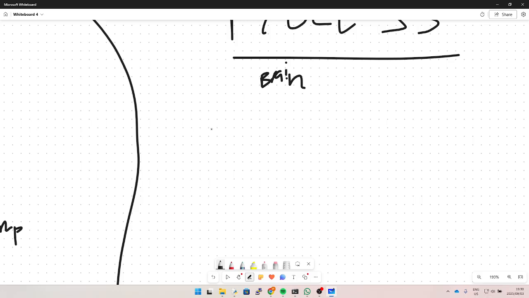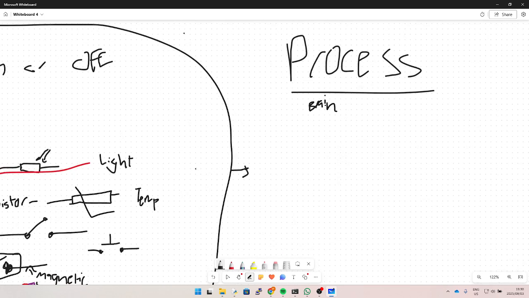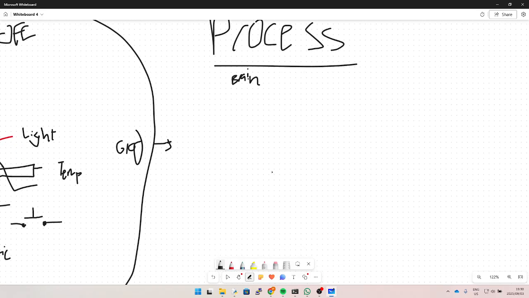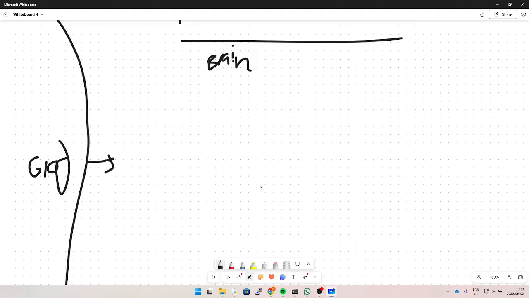Anyways, so the processor is the brains. Think of it as the middleman between the output and the input. Takes this data and turns it into other data that the circuit does something with.